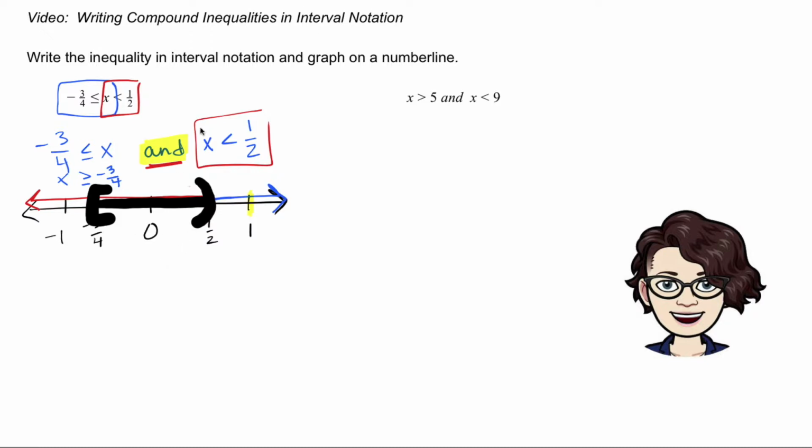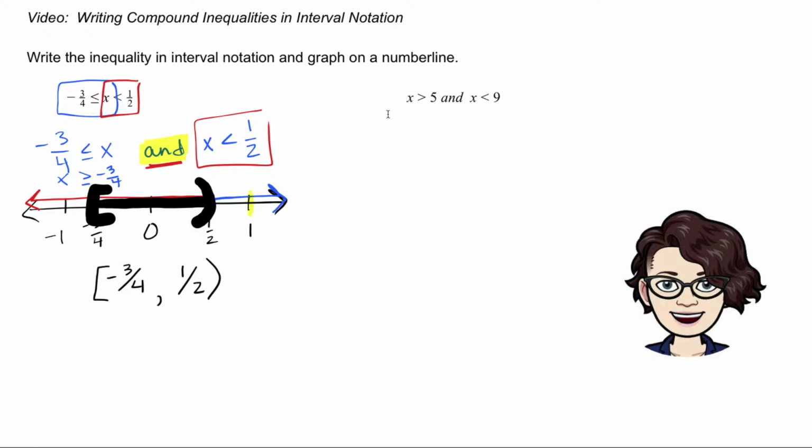It's the overlap because it's and. In interval notation, I always like to do the graph before interval notation because I can get interval notation right from the graph. This says, okay, start at negative 3/4, include that, up to positive 1/2, but don't include that. So we use that parentheses.